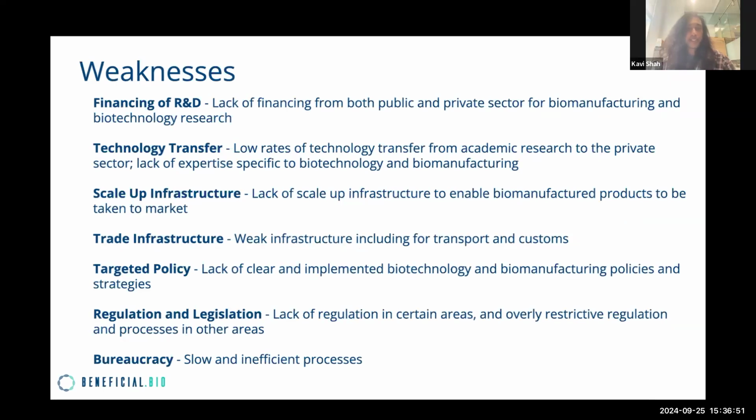So some of the weaknesses identified was financing, and this is a lack of financing both from the public and private sector. Overall, if you look at proportion of GDP invested in South America into R&D, it's significantly lower than many other economies. And in fact, I think Brazil is slightly higher than the others, but on the whole, it's under 1% of GDP.